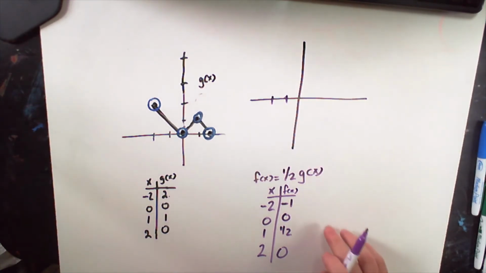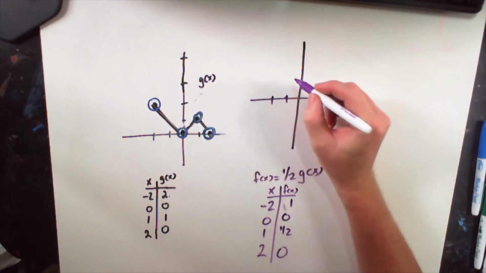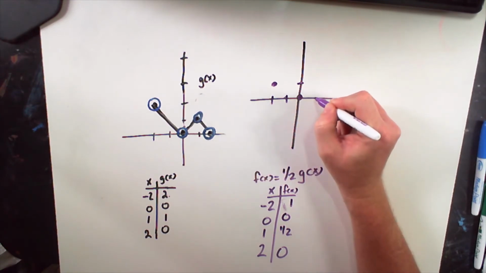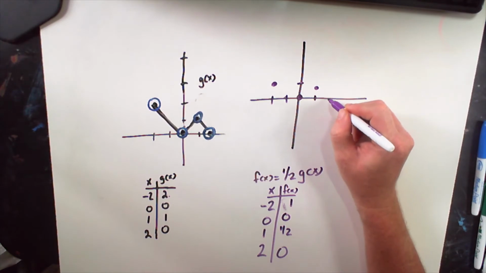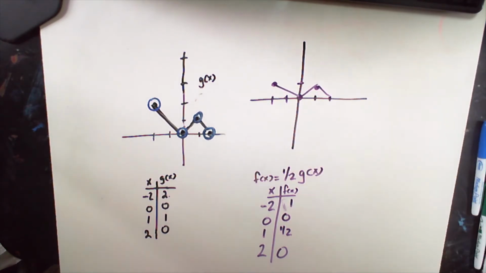I don't know where I got that negative from right there, but I'm going to erase it. That should be negative 2, 1. So negative 2, 1, 0, 0, 1, 1/2, 2, 0.